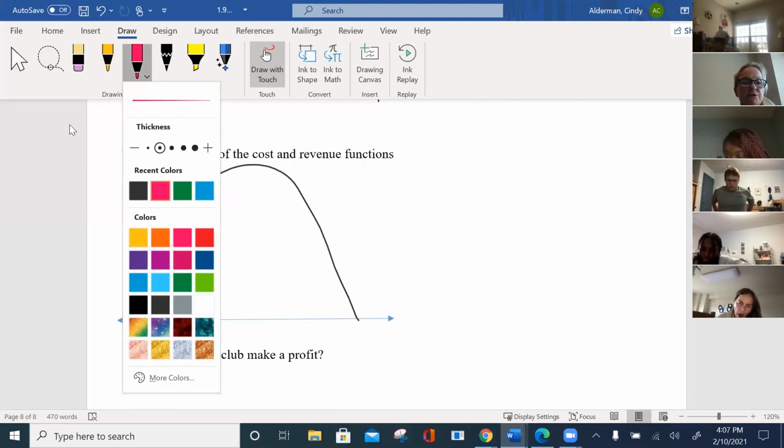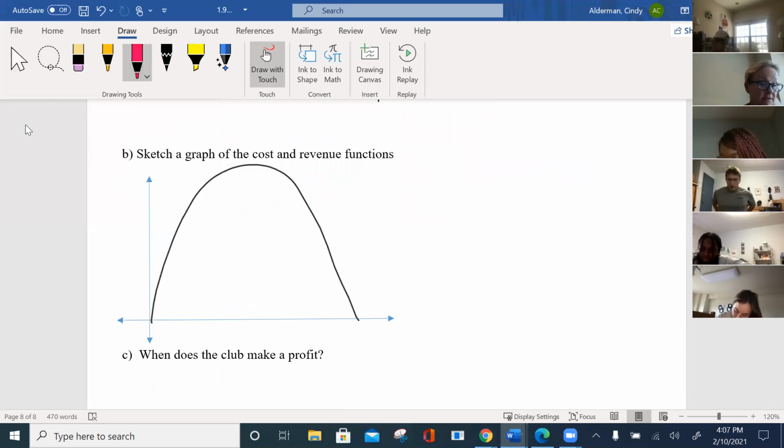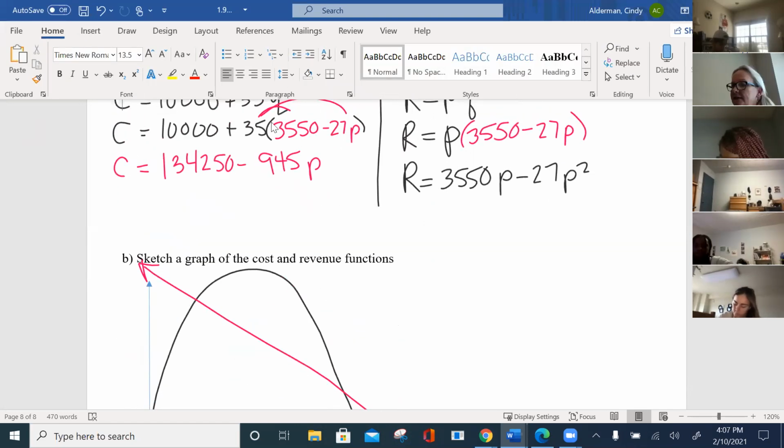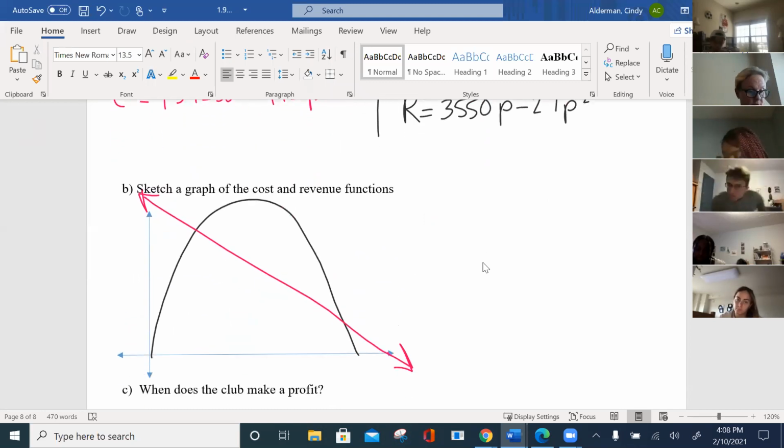The cost function is going to look something like a straight line. Let's say something like this. And that should make sense to you too, right? Because the slope is negative, right? So that's what the graph is going to look like.